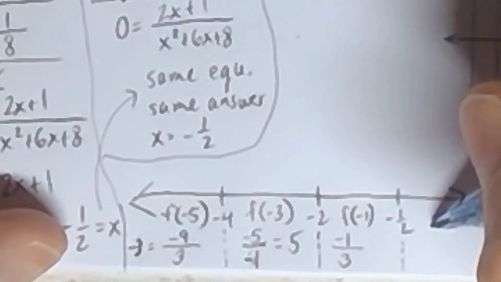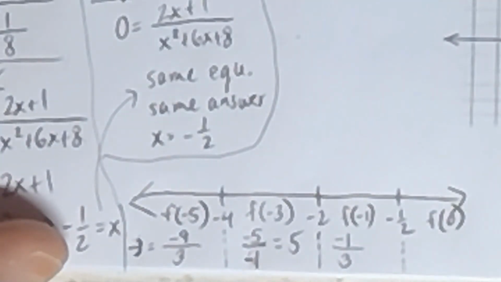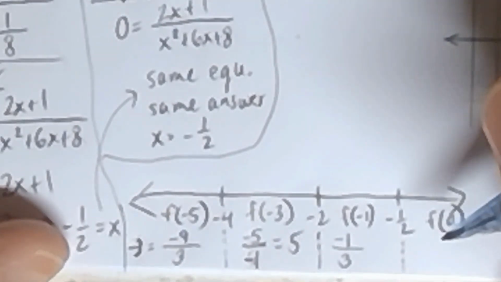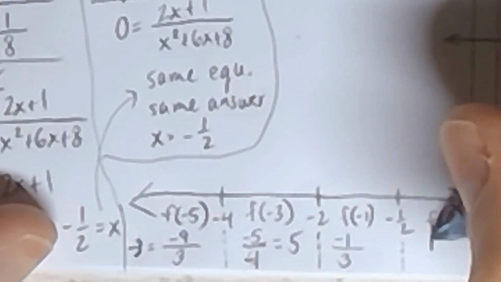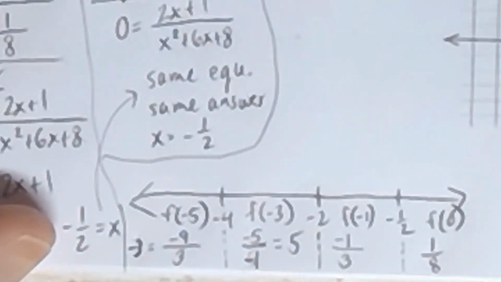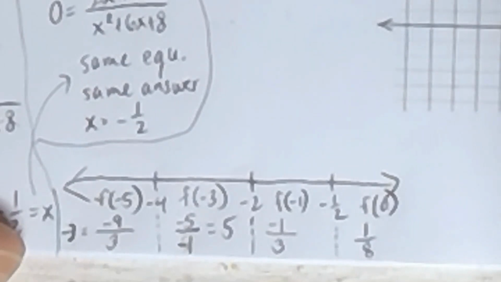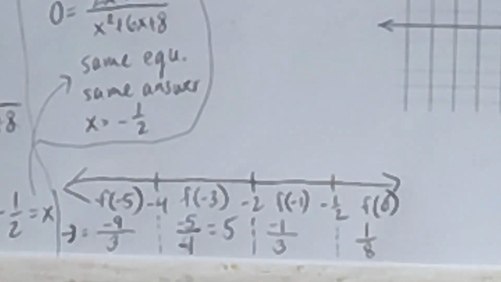And then finally, this last one, since 0 is in this interval, you can just use the y-intercept, because the y-intercept is when x is equal to 0. And we already found out from a previous step that f of 0 is 1/8. Okay, so those are your 4 additional points from your number line that are going to help us graph this.